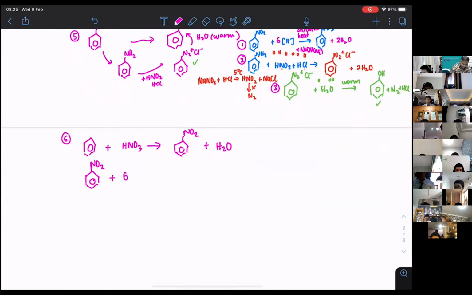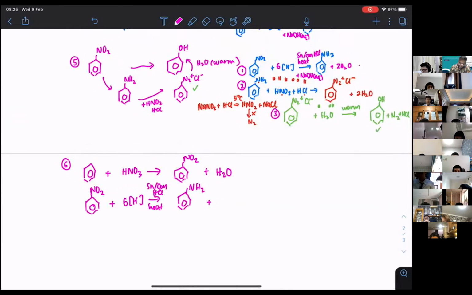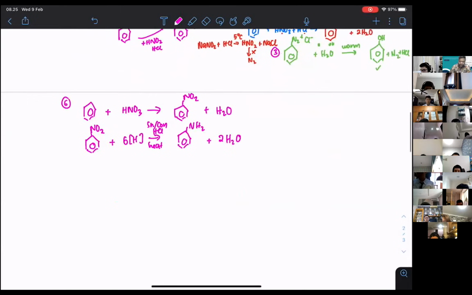Once you get the nitrobenzene, you need to react it with 6H, tin and concentrated HCl. It's the same as I mentioned earlier. You are going to get NH2, phenylamine, plus 2H2O.